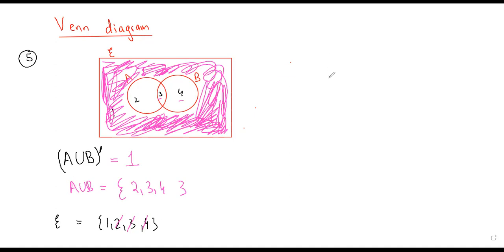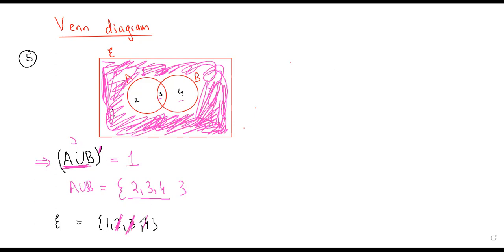Definitely. Okay. This was the question, A union B whole complement. You must have noticed whenever the question is about complement, I cancel elements from the universal set. Which elements do I cancel? The elements of this set. A union B has 2 3 4, and I am looking for A union B whole complement, so I have to cross the A union B elements out of the universal set. In A union B I have 2, so I crossed 2.